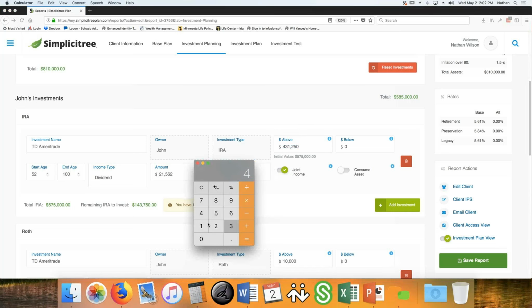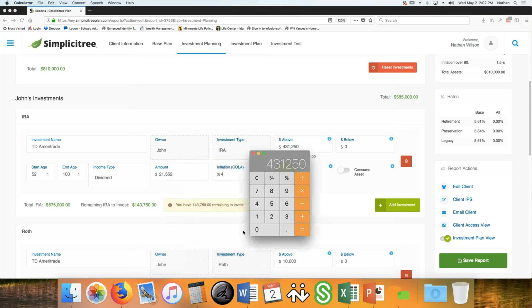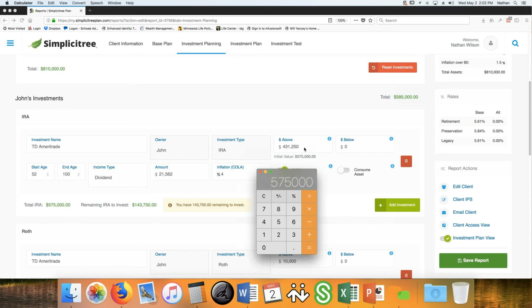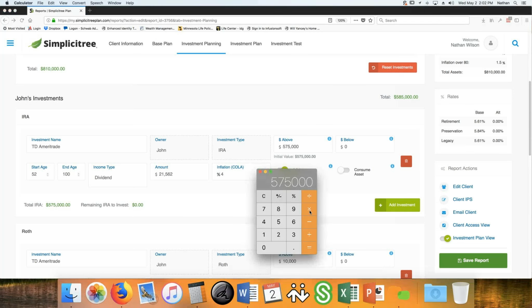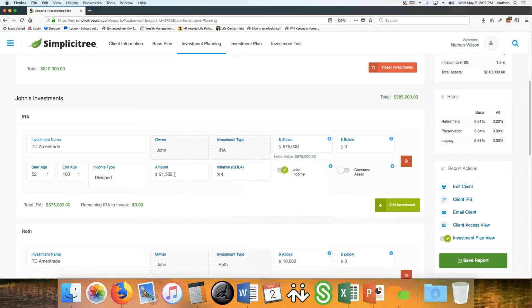So at $431,250, we have this market appreciation that I'm adding back in, showing that I've got the remainder amount to invest, and that's $575,000. Okay, and at that point we times that by 5%, and we get our $28,750. And I'll show you why I did this exercise here when we take it the other direction.